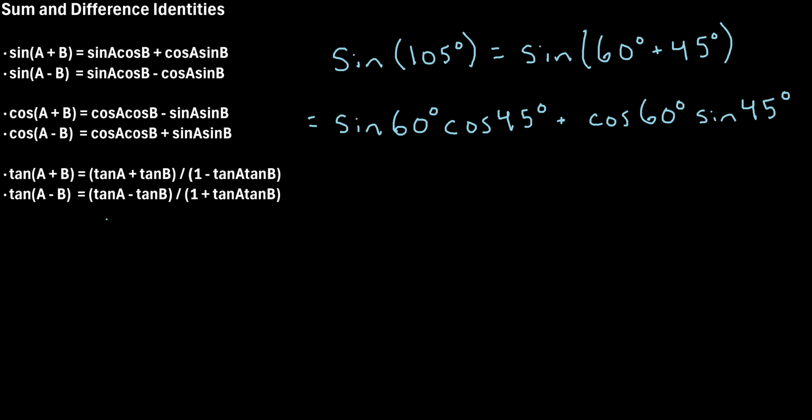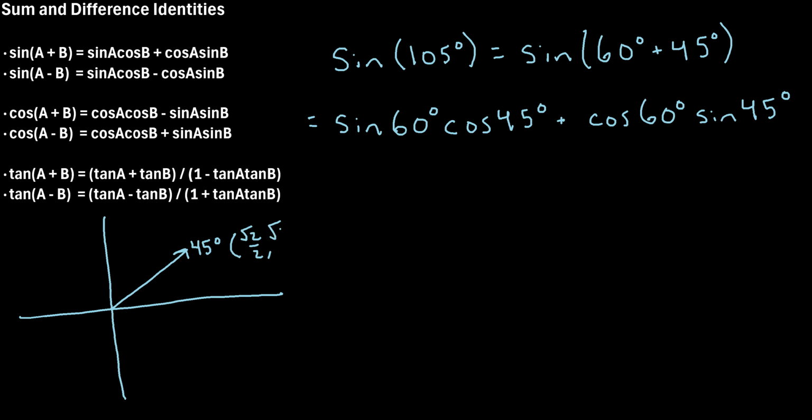So now, once again, if we think about our unit circle, if we think about our 45-degree angle, the xy coordinates on the unit circle at 45 degrees are square root of 2 over 2 and square root of 2 over 2. And for 60 degrees, our xy coordinates are 1/2 and square root of 3 over 2. And remember, the x coordinate corresponds to cosine, while the y coordinate corresponds to sine.